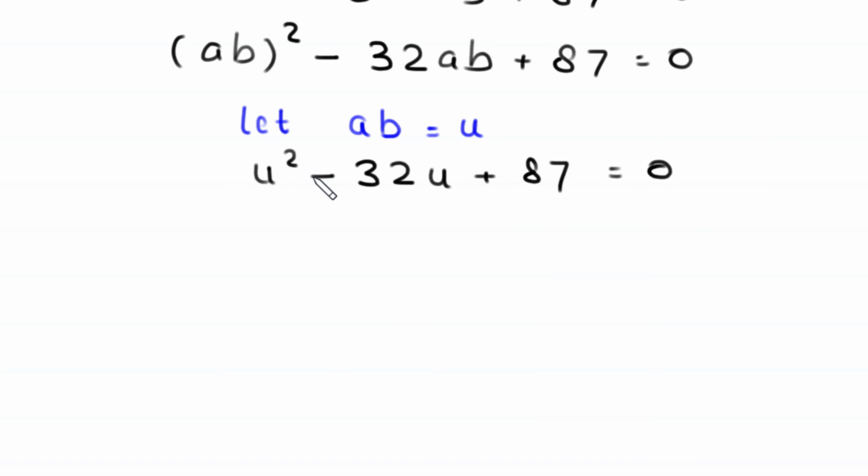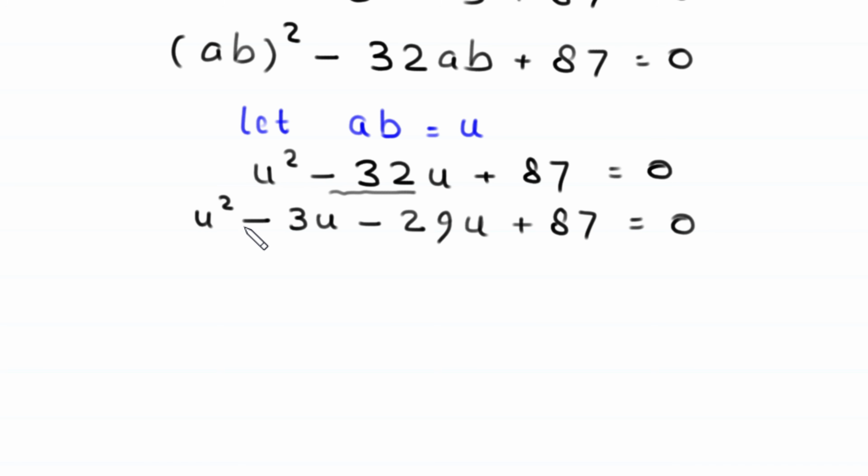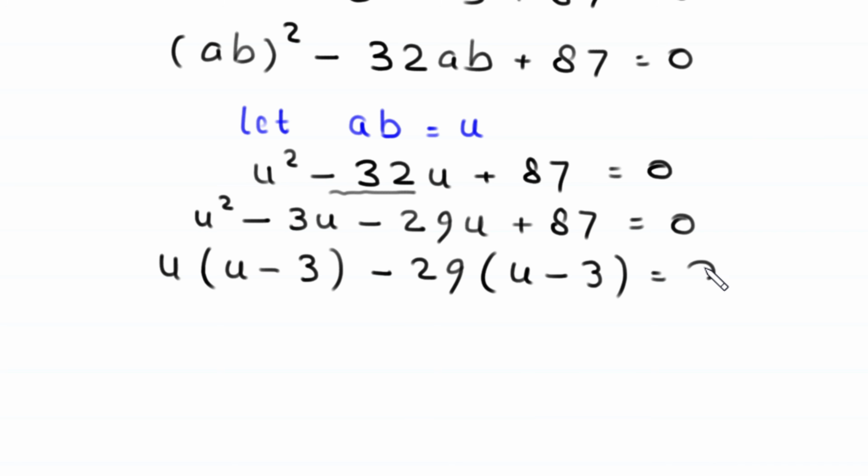This quadratic equation is factorable. We write u squared, and break the negative 32u into two terms: negative 3 times u minus 29 times u plus 87 equal to 0. From these two terms we can factor out u, in bracket u minus 3, and from these two terms we can factor out negative 29, in bracket u minus 3 equal to 0.